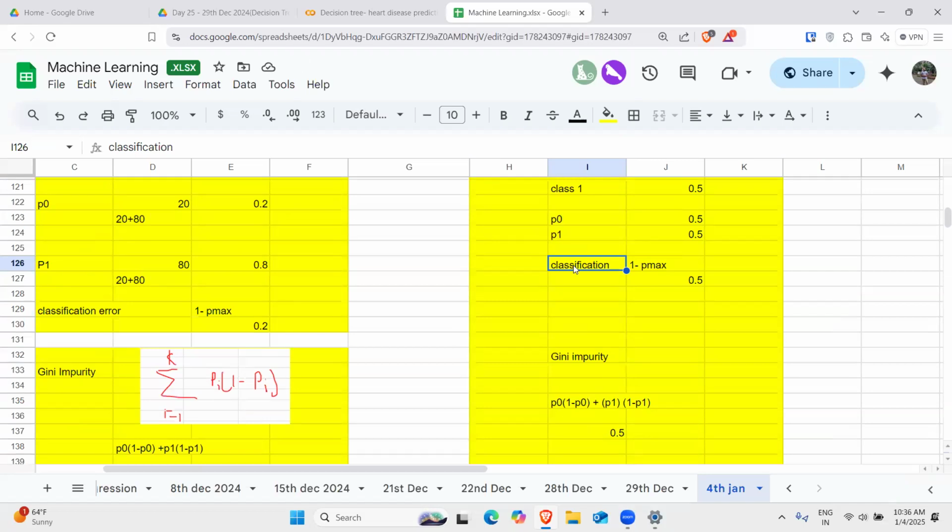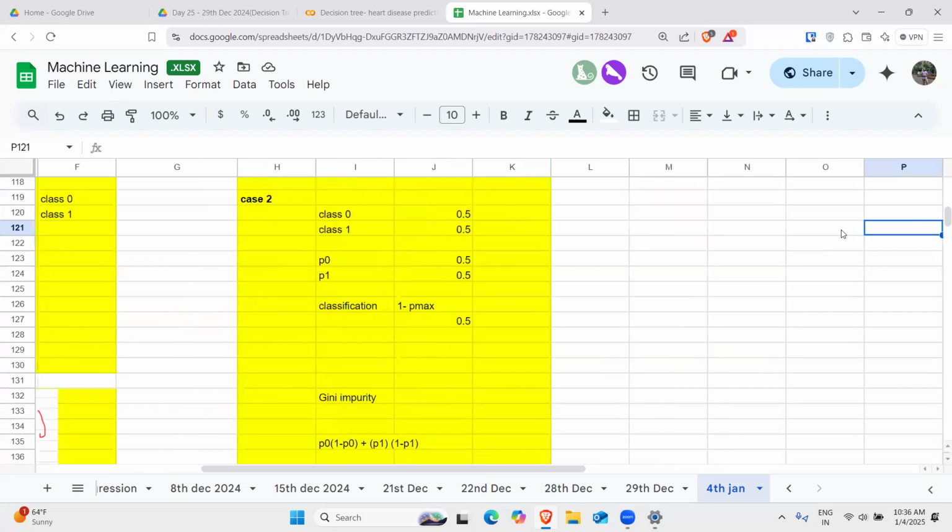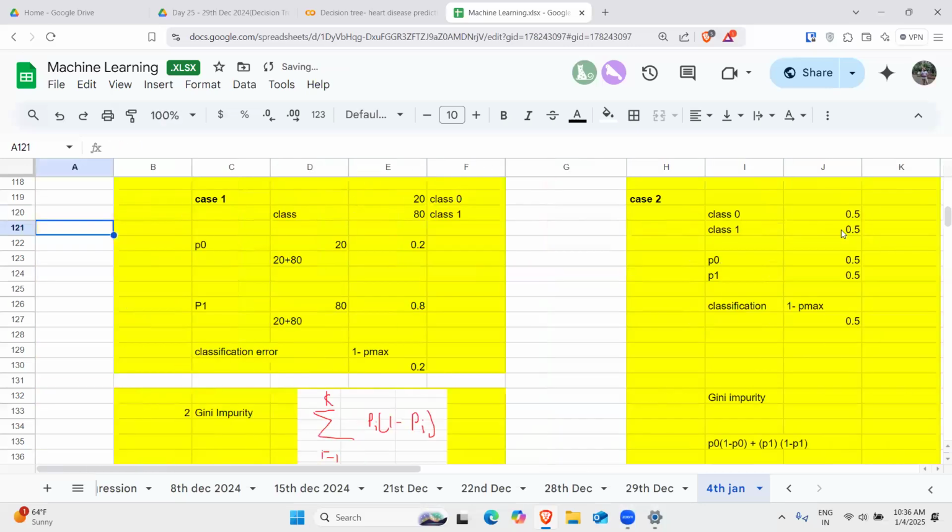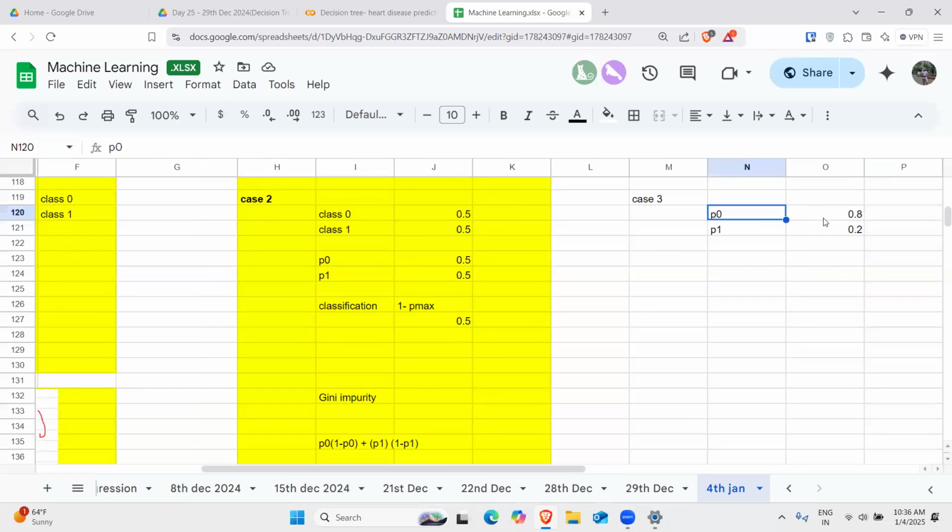And what about case number 3, which will be opposite to case number 1? My probability of class 0 will be 0.8 and probability of class 1 will be 0.2. As you can see over here, in case one probability of 0 is 0.2 and probability of 1 is 0.8. Here it is opposite. So you have classification error as 0.2.